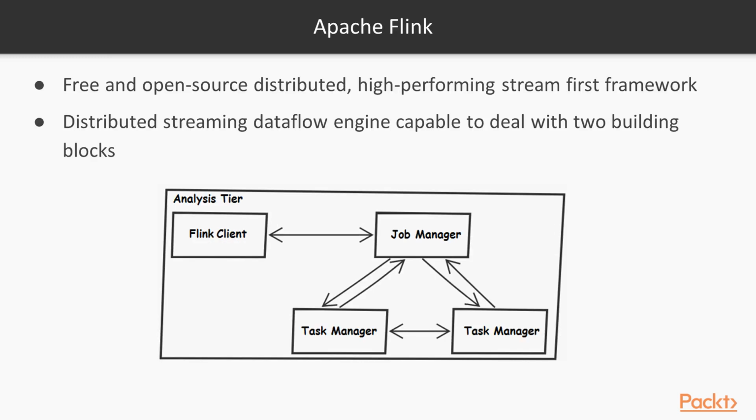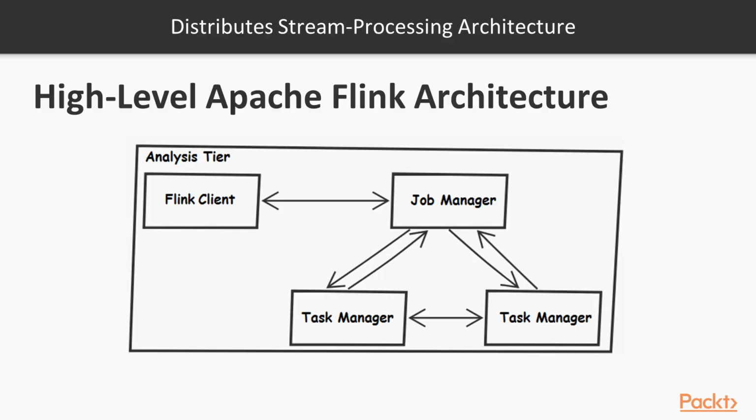Well, another important player is Apache Flink. Apache Flink is a free and open-source distributed, high-performing, stream-first framework where everything is viewed as a stream. The core of Apache Flink is a distributed streaming dataflow engine capable of dealing with two building blocks, streams and transformations. Let's see the coordinates of Flink's high-level architecture. First, we have the Flink client and our application or streaming job.